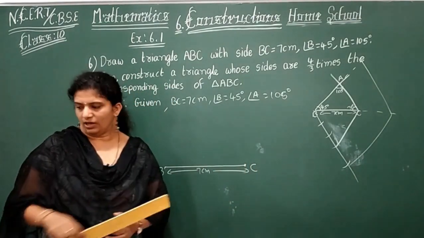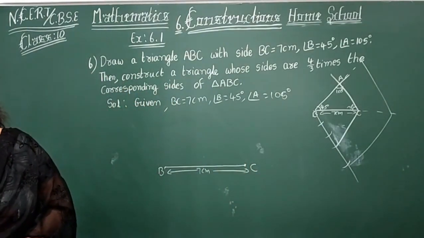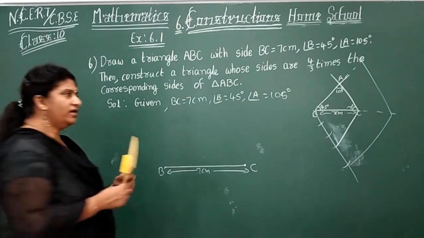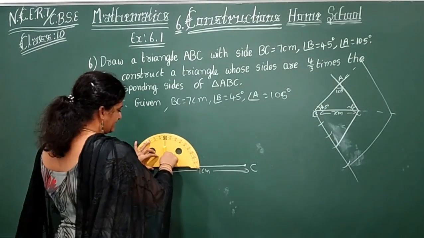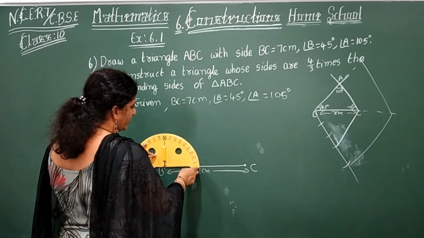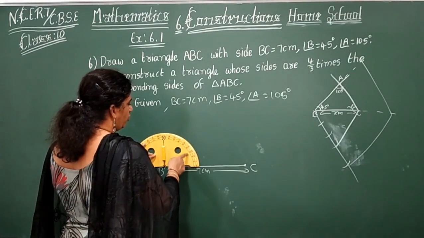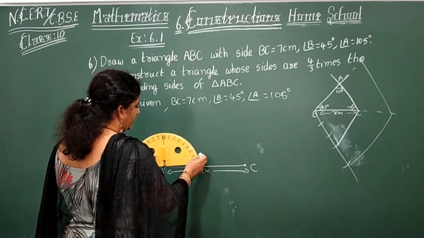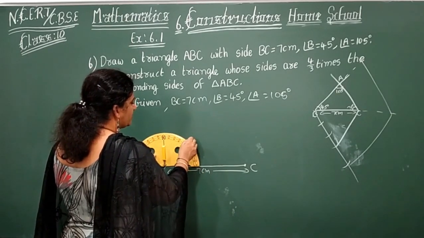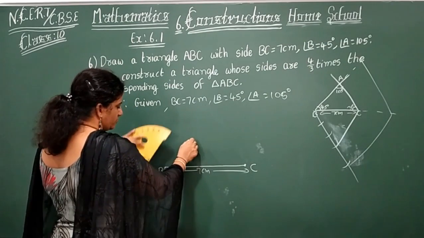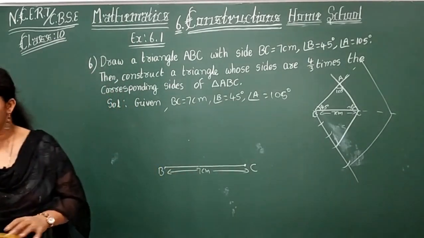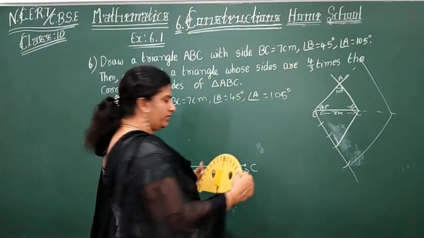Okay, now take your protractor. From B as a point, how much do you have to take here, children? See here carefully. From 0, 45 degrees. 45 degrees means here you are going to get, right? Then again this side also you do, then you can join.